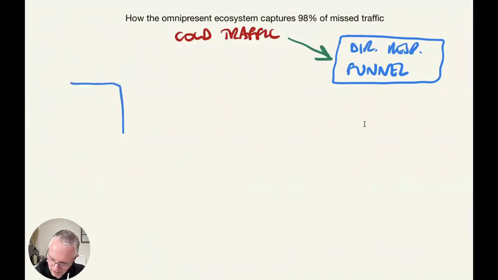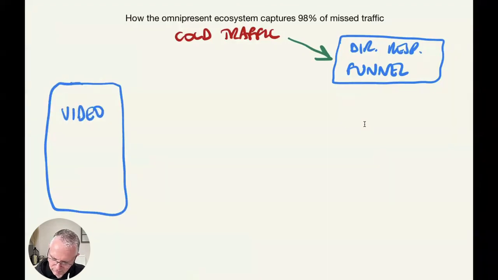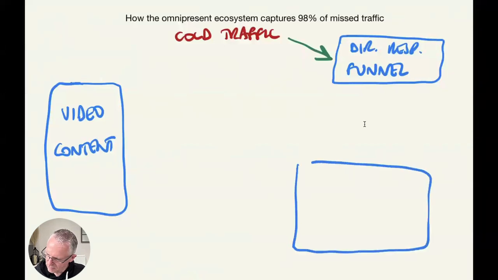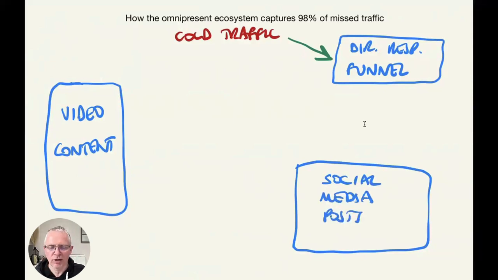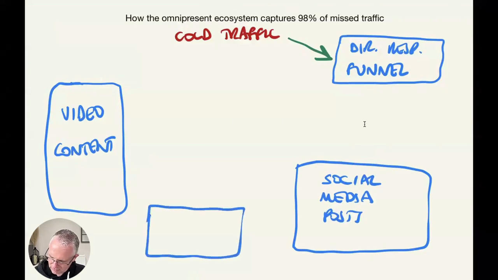Over here, we might have some video content. Down here, we might have some high-performing social media posts, content that you've created that's got good engagement. We might also have down here some reels, some short form video.